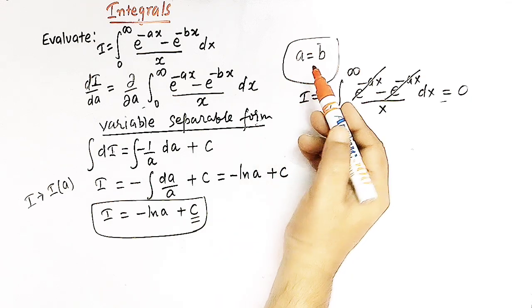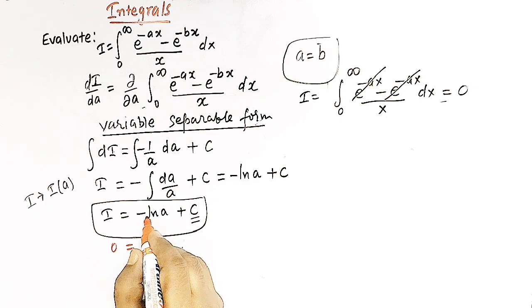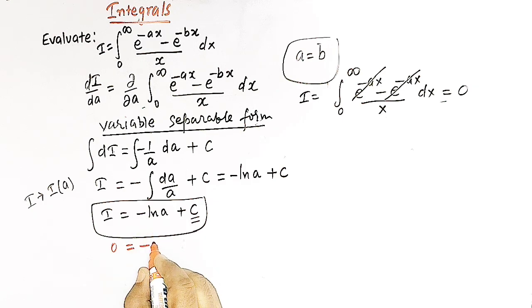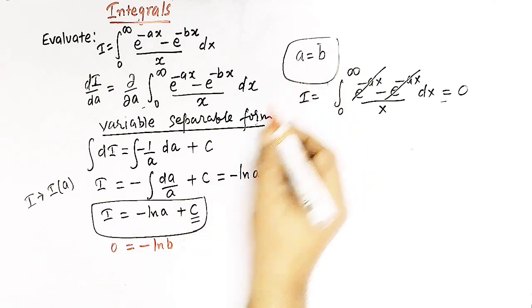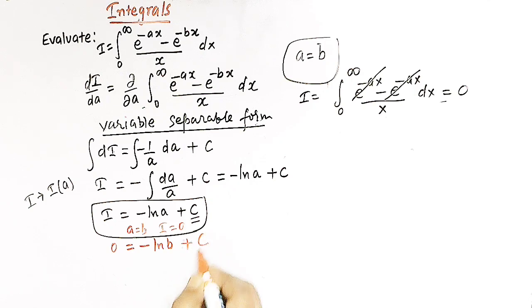So let us apply this condition to this equation. I is equal to 0. Here we have a negative of natural log of b, because we are taking a is equal to b, then I is equal to 0, and here we have c.